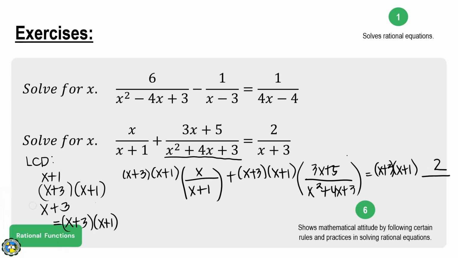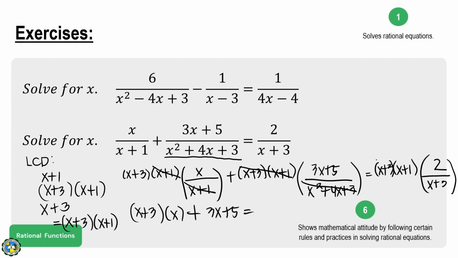Okay, 2 all over x plus 3. And then simplify. So, cancel out, x plus 3 remains, and then this x plus also cancels out, 3x plus 5 remains, equals, cancel out, 2 times x plus 1 remains. So, therefore, this will be x squared plus 3x plus 5 equals 2x plus 2.